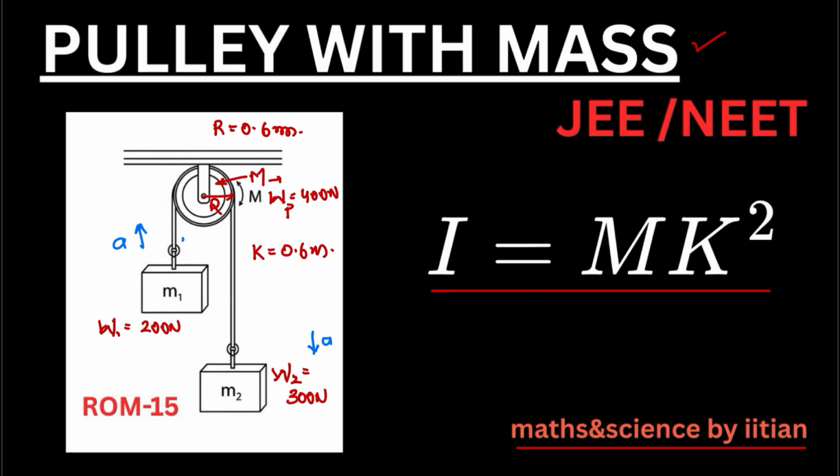Then this is T1, the tension in the string in respect of mass m1 and weight W1, and this is the tension T2 in the string due to mass m2 and weight W2.